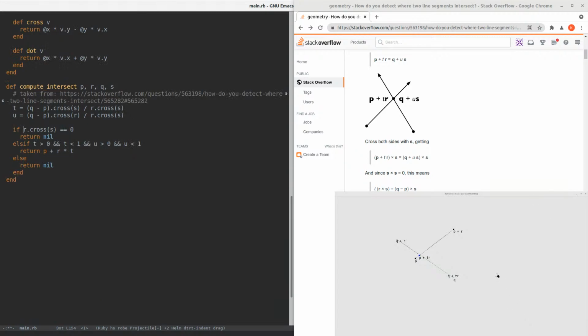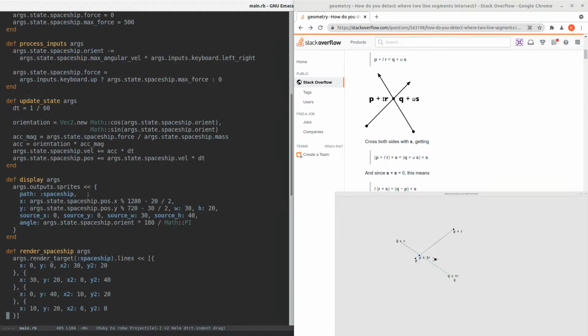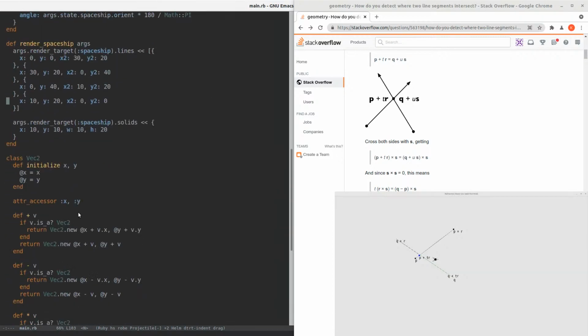So we can actually change this into r dot cross of s does not equal 0 and this, and we'll change this to: if this is the case, we'll return this, otherwise we'll return null. And so now, presumably, if we did things correctly, we will at least try running this on our vectors here.